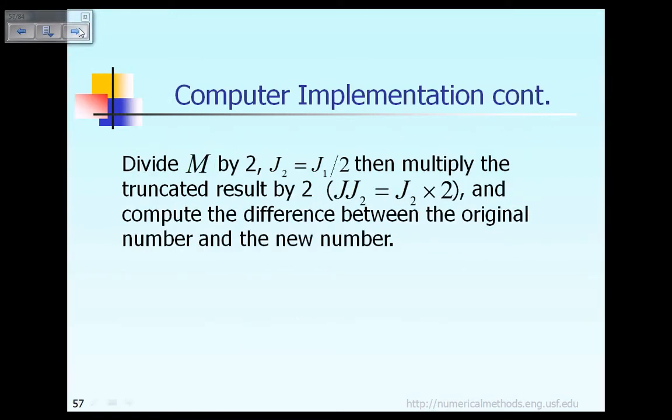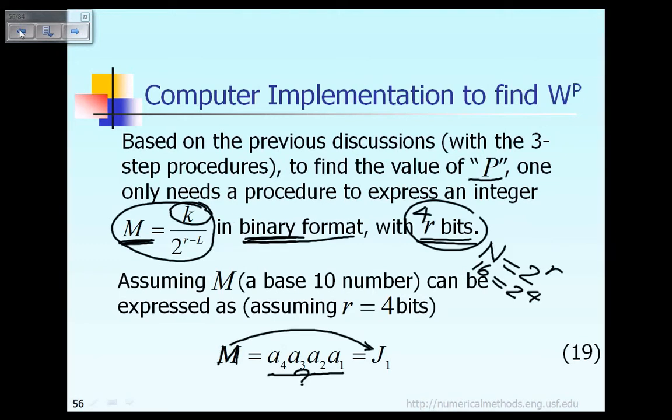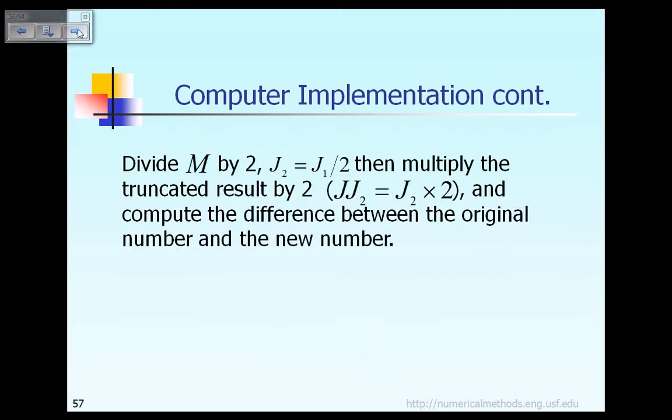The next thing we do, we divide the value of M that we already know by a factor of 2. According to the previous slide, the value of M was copied into a variable called J1. So when you divide M by 2, it is the same thing as dividing J1 by 2.